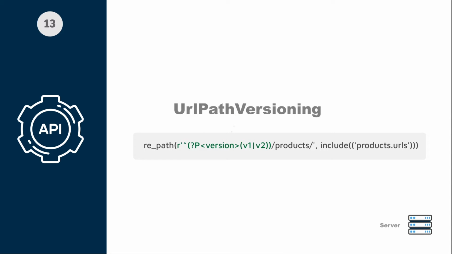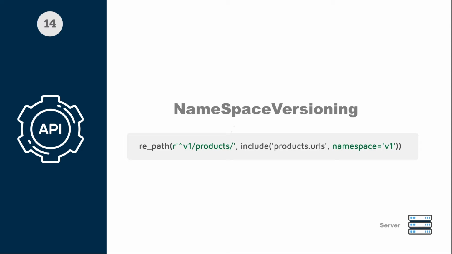Okay, welcome back. In the previous videos, we demonstrated how we can use namespace versioning, using the Rest framework application in Django, to version the URL using the concept of namespacing from Django Rest framework.